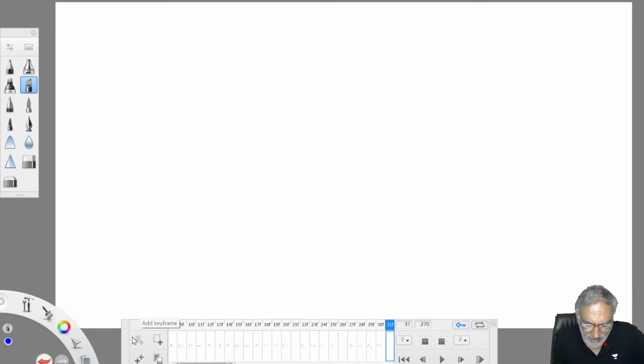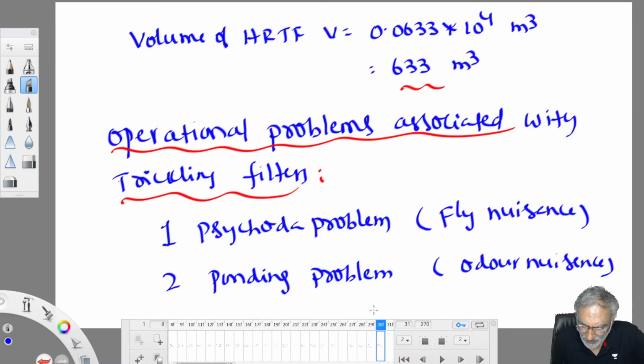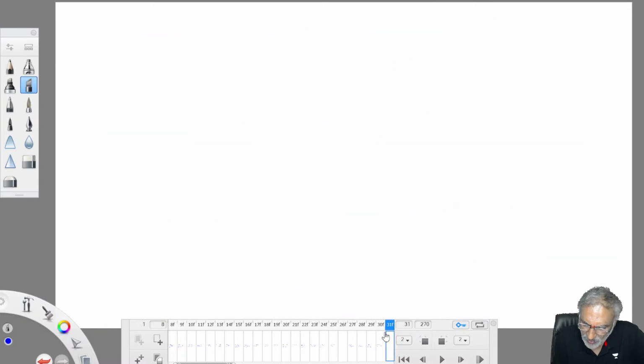But for the Psychoda problem, there is no solution, and over and above that, trickling filters require huge space for installation compared to the activated sludge process system. So nowadays they are almost outdated. Nowadays secondary treatment means only the activated sludge process.